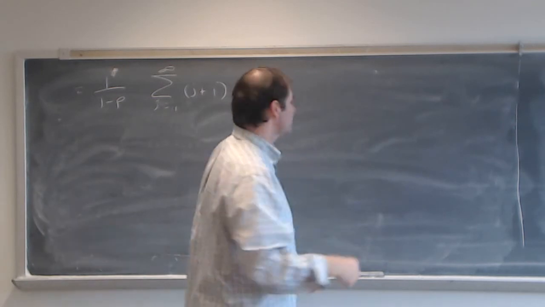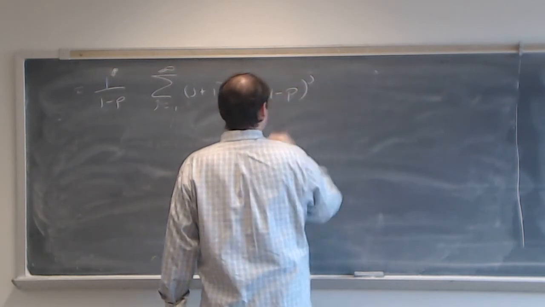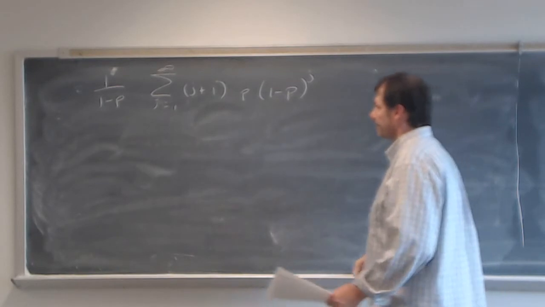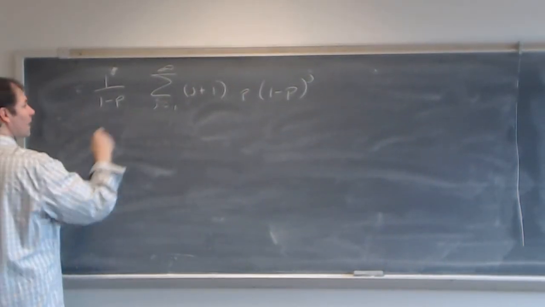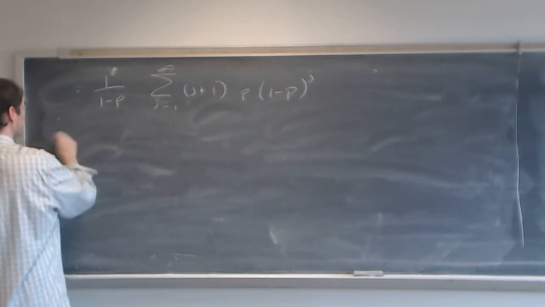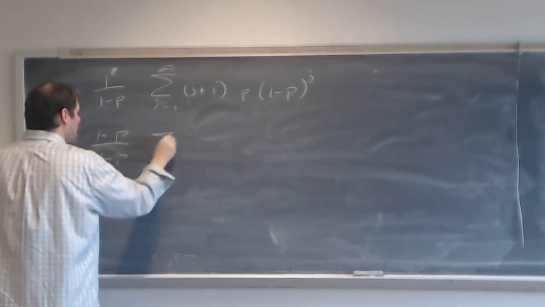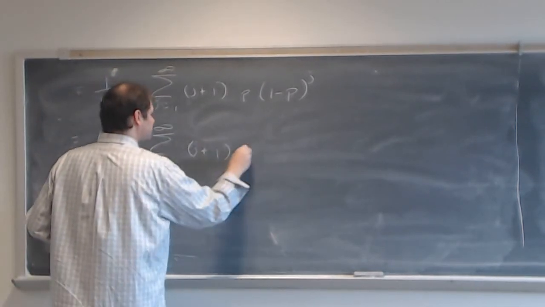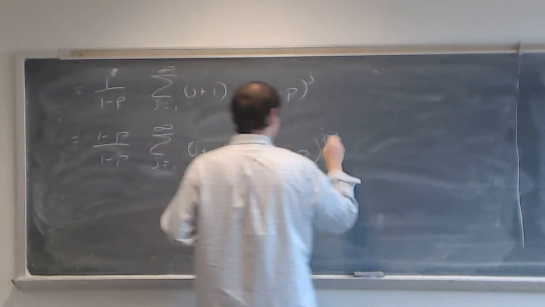P. What's the chance that the other trials were failures? 1 minus p raised to the J. You pull out one of the 1 minus p's. Sum as J runs from 1 to infinity, this is J plus 1 times p times 1 minus p to the J minus 1.